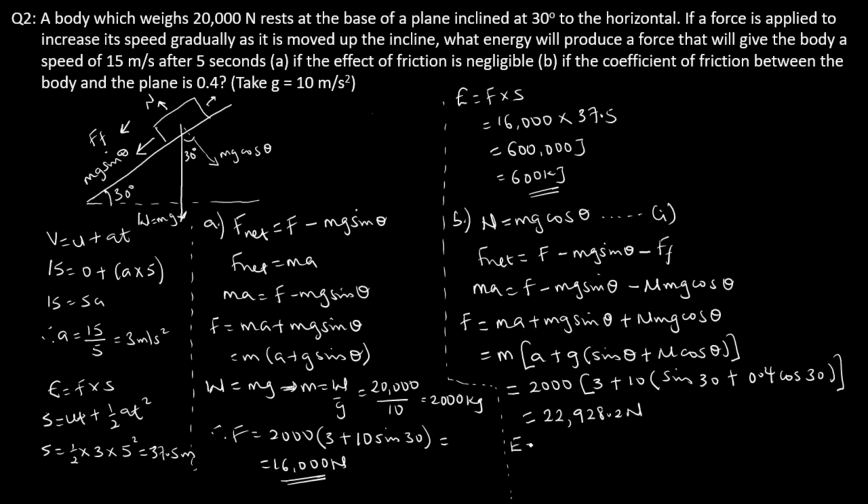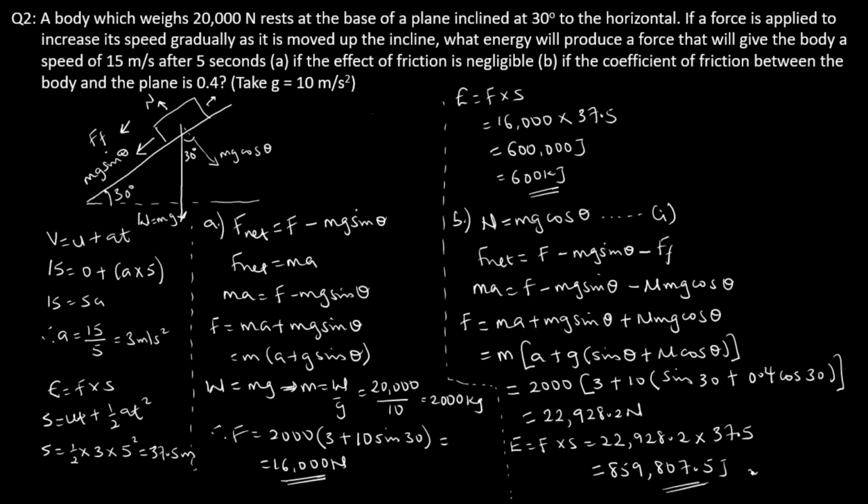So our energy is equal to force times displacement, and so we'd have 22,928.2 times the displacement, which we found to be 37.5. You put that together and you would have a value of 859,807.5 joules.